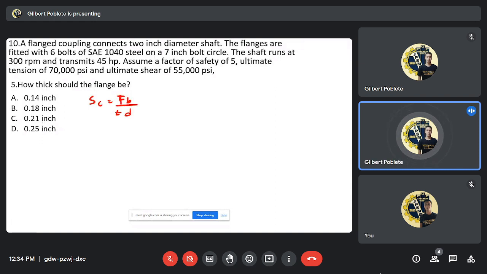So ito yung formula natin sa flange kanina. So we have the 70,000 over 5 ulit para sa factor of safety. Force 450 o letter C na natin.